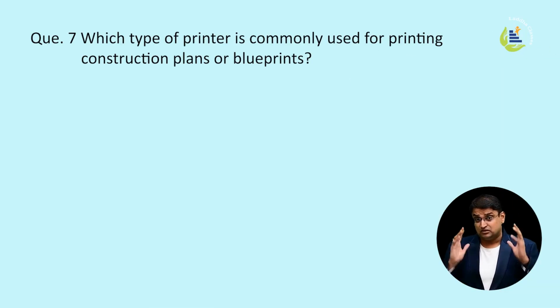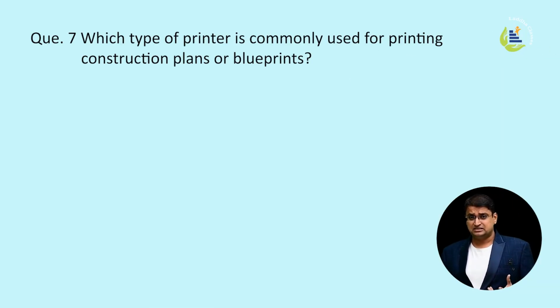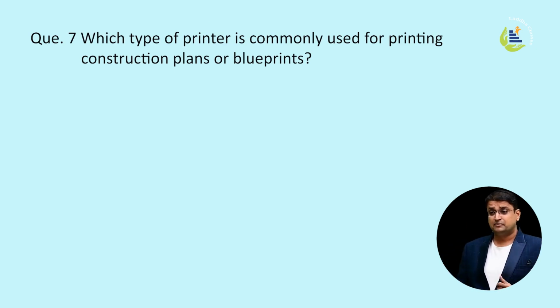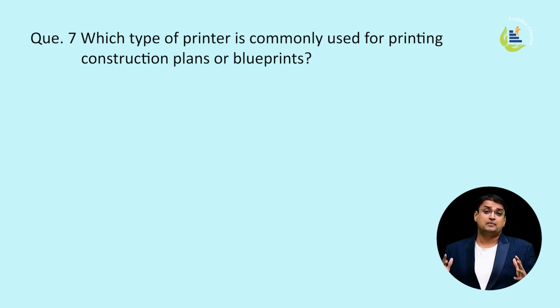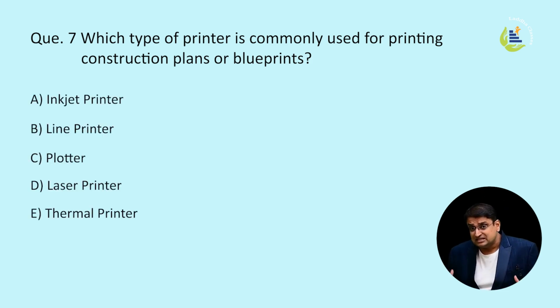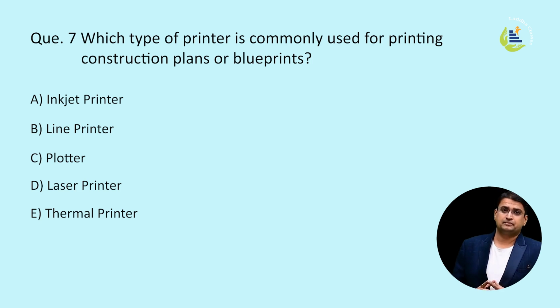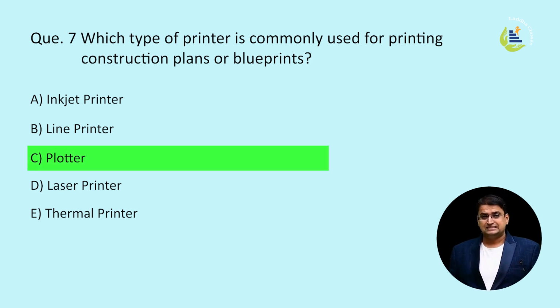Question 7. Which type of printer is commonly used for printing construction plans or blueprints? Options are inkjet printer, line printer, plotter, laser printer, thermal printer. Correct answer option is C, plotter.